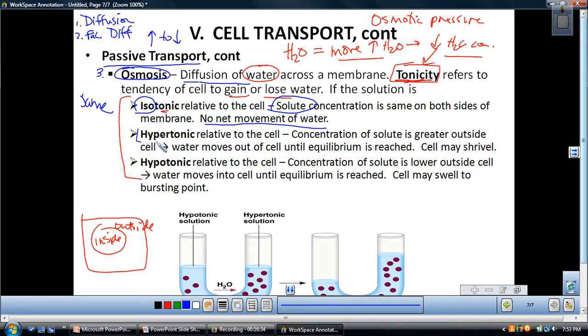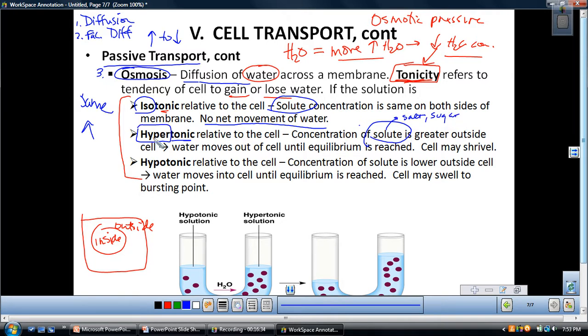Okay, the hypertonic, I know you guys have heard of somebody being hyperactive, right? If somebody's hyperactive, it's usually because they ate a lot of sugar. But this is not hyperactivity, it's hyper, which means increase, in tonic, which refers to the solute. We're talking about a lot of salt, or a lot of sugar, or a lot of particles, whatever those solutes are. So I'm going to write it above this. Solute could refer to salt, sugar. It's anything that is dissolved in water.